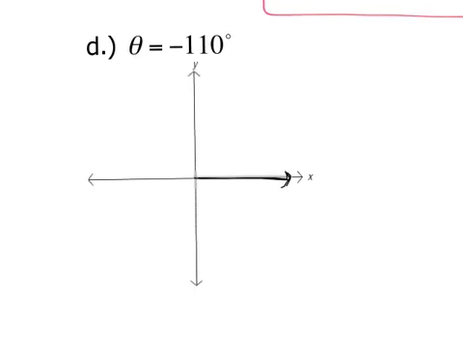Think about this. I know I told you that's 270, but that could also be what? Negative 90. So negative 110 is just past that negative 90. The reference angle, again, is your terminal side and the closest part of the x-axis.